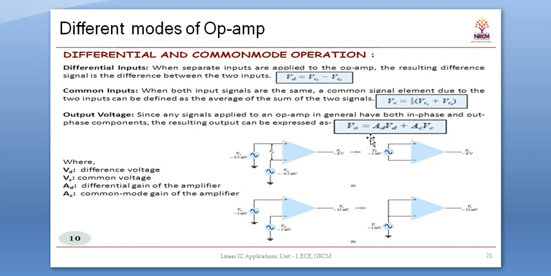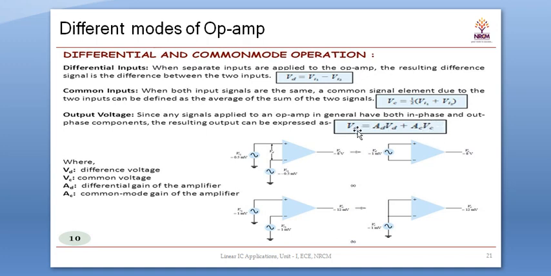Generally noise is always associated with each of the terminals. So whatever the noise is, the output voltage is not only dependent on the differential input voltage, but also on the common mode voltage.